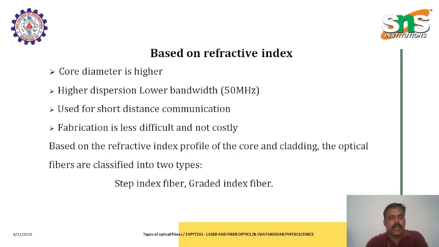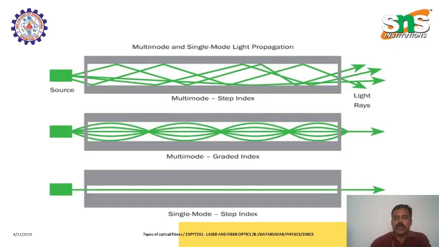Based on the refractive index profile of core and cladding, optical fiber is classified into step index and graded index. This picture explains step index and graded index for single mode and multimode formation. In single mode, only one ray travels along the optical axis, but in multimode it travels in a zigzag manner, by total internal reflection. In graded index, it travels in a parabolic manner.